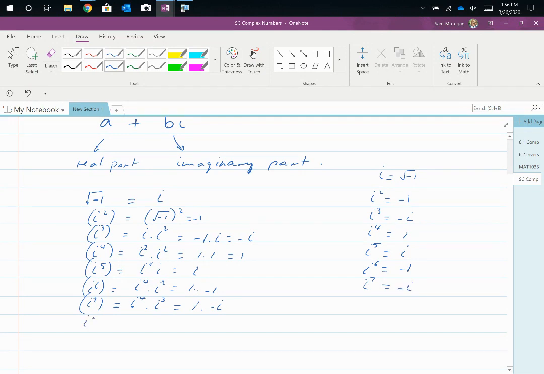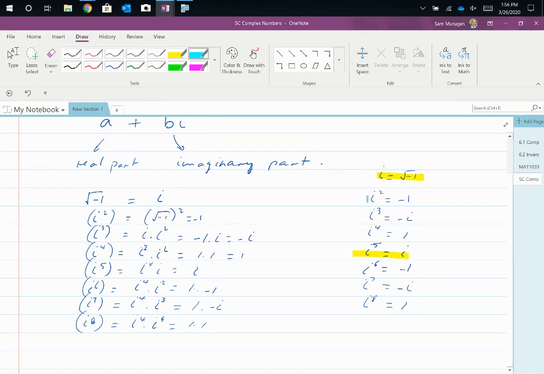And i to the 8th power is i to the 4th power times i to the 4th power, which is 1 times 1, so i to the 8th power is equal to 1. So this cycle keeps repeating: i, -1, -i, 1, and then the cycle continues to repeat.